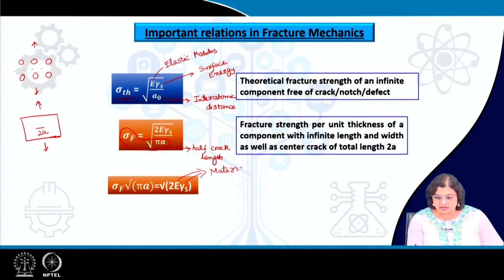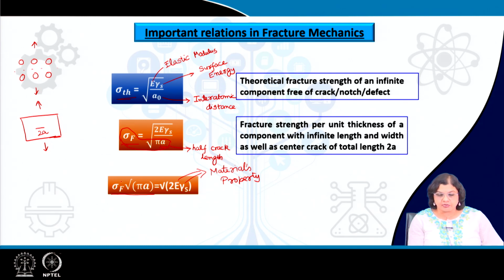So, in that sense we can see that this term on the left hand side, sigma f root over pi a, is supposed to be a material property, although we have also seen that fracture strength of a material is not a material property. It is related to the crack length, and if we are varying the crack length, that means the fracture strength of a particular material or a component is supposed to change.